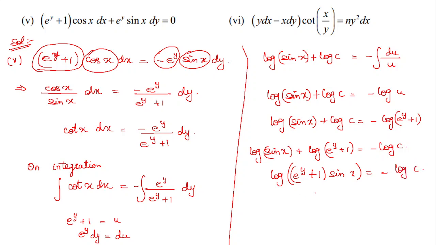So இப்போ நம்ம anti-log எடுத்துட்டோம் அப்படின்னா we get e power y plus 1 into sin x is equal to minus log c. நம்ம வந்து c minus c வரும். We will take it as c. அவ்வளவுதான். e power y plus 1 into sin x is equal to c.